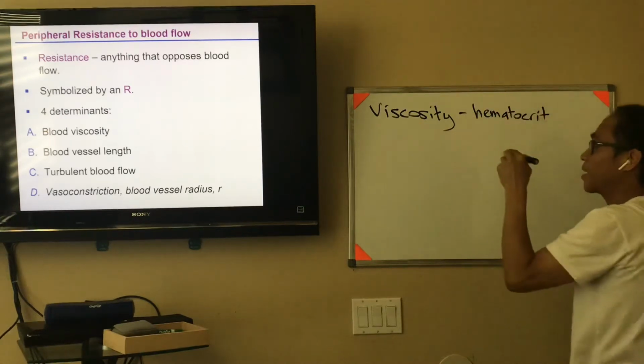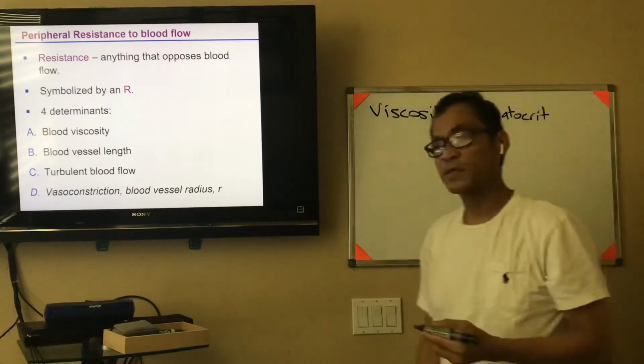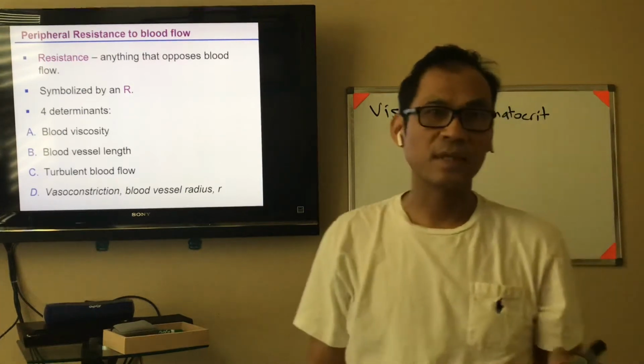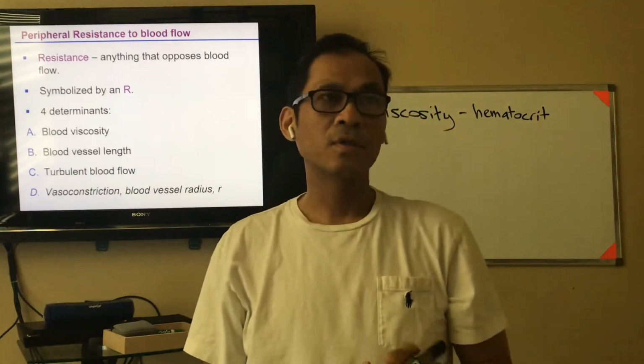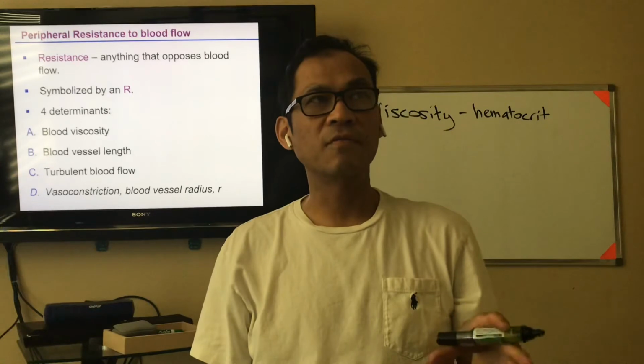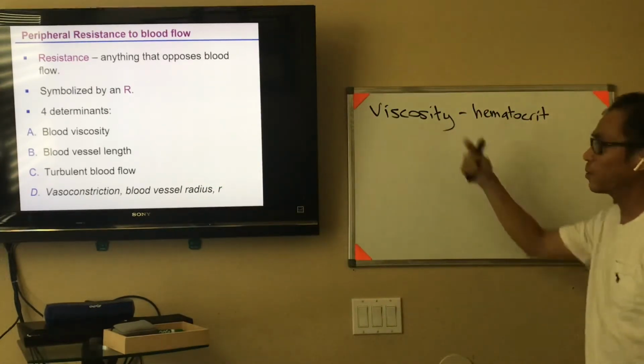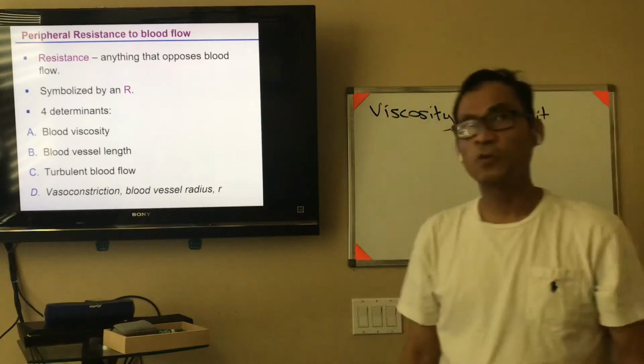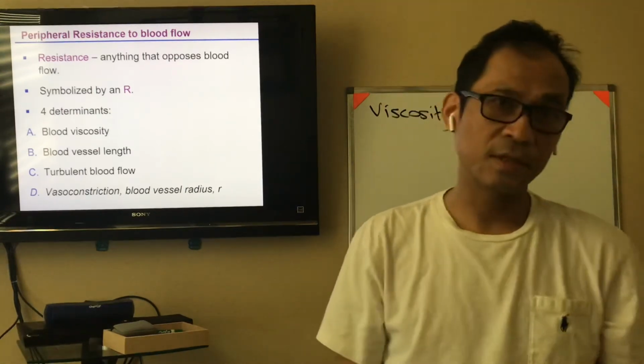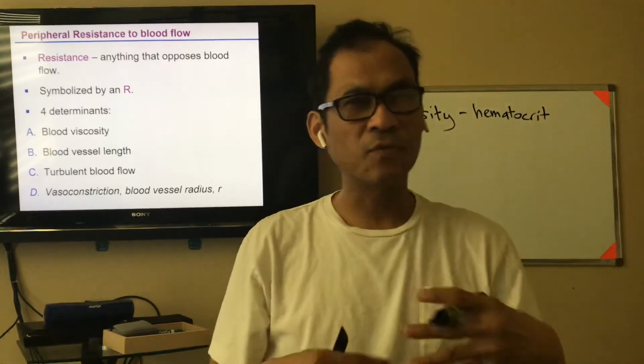If hematocrit is higher, blood is more viscous. For example, maple syrup is more viscous than water. If blood gets too goopy, too viscous, it may impede blood flow.